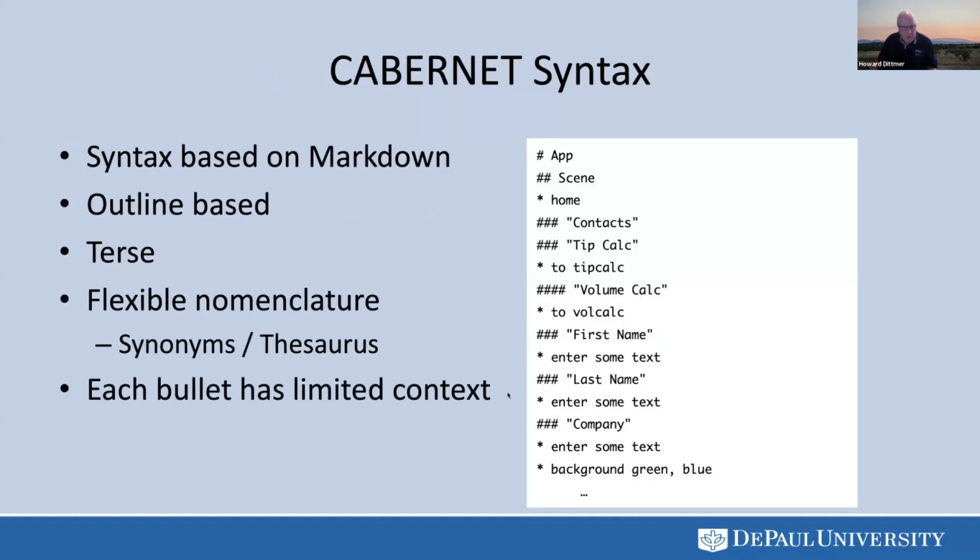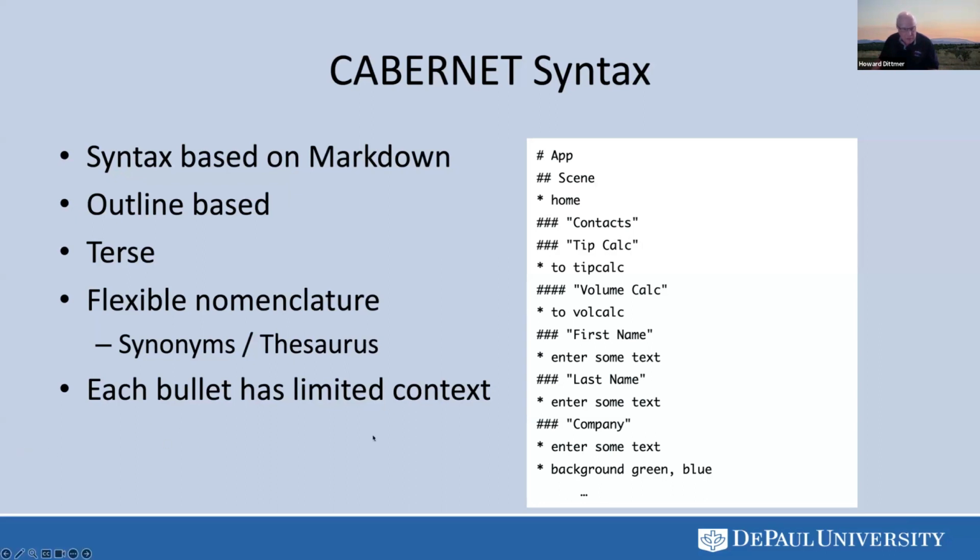And so Cabernet is based on Markdown, which is a technique that was originally created to simplify the creation of HTML. It is outline-based. It is very terse, and the nomenclature is flexible, and we use synonyms and a thesaurus to take a variety of inputs and get an understandable output.